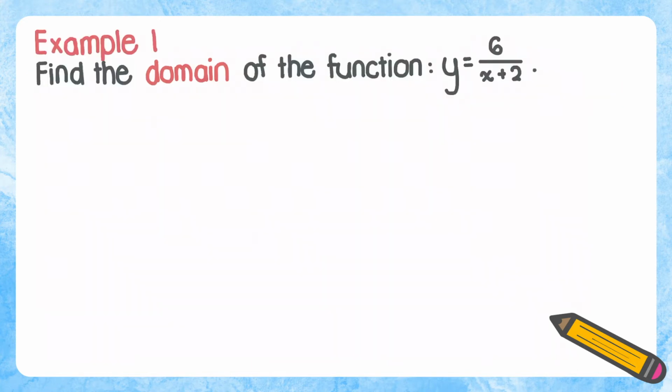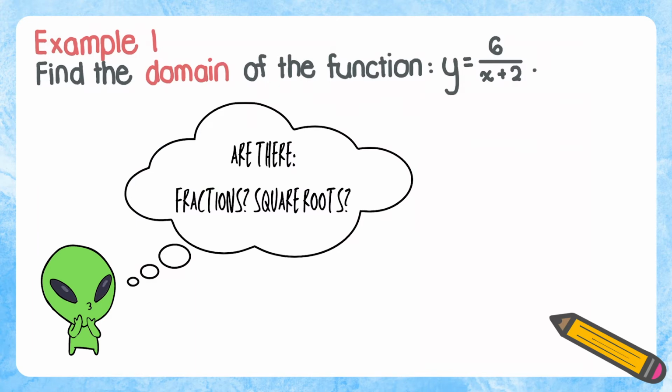For our first example, let's find the domain of the function y equals 6 over x plus 2. I ask myself two questions. Are there fractions? And are there square roots? In this case, we have fractions.